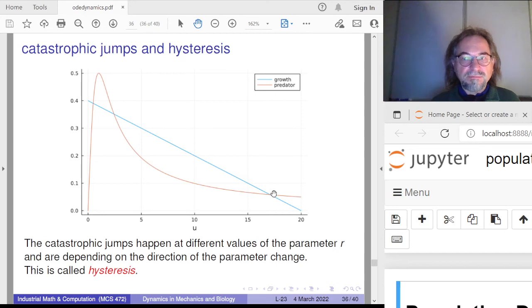So with the damping, we had a very nice transition with this zeta. Zeta 1 was the critical value, and we had two cases. But here we also have two cases. Either our budworm population explodes or it shrinks, but it happens for different values of the parameter. And actually it depends on the direction of the change. And that is called hysteresis.